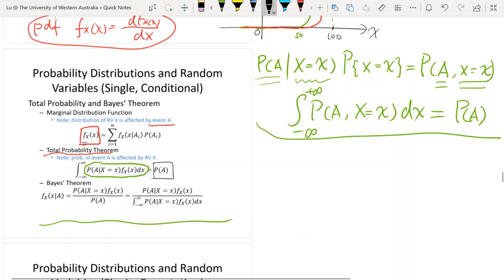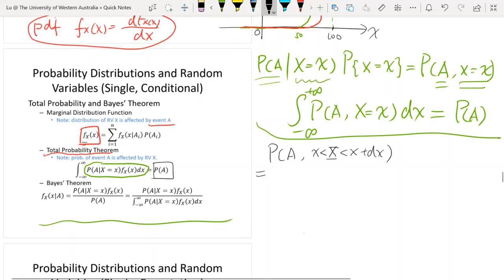Okay, so for this Bayes theorem, how can we do that? I think for deriving the Bayes theorem, the good way is to start from a joint probability, which is P of A and the random variable X is between x and x plus dx. This joint probability can be translated into two different formats.